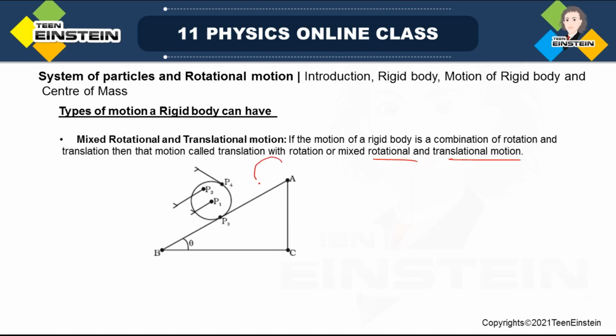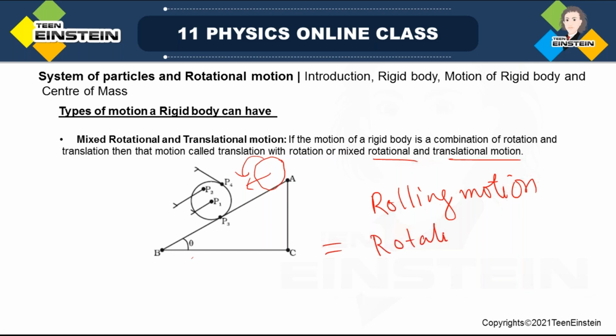You keep it here and you roll it. Rolling means it will be translating, moving down the inclined plane, and at the same time it will be rotating. So rolling motion is rotation plus translation.